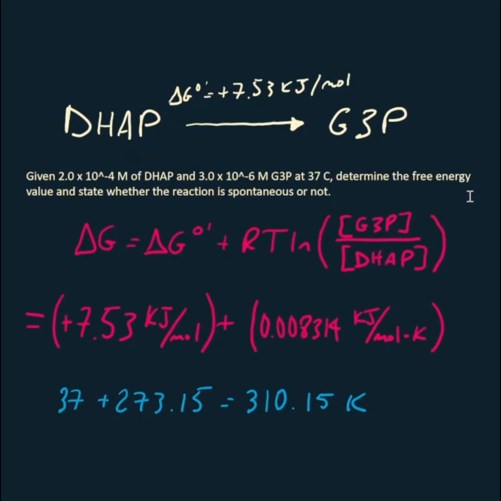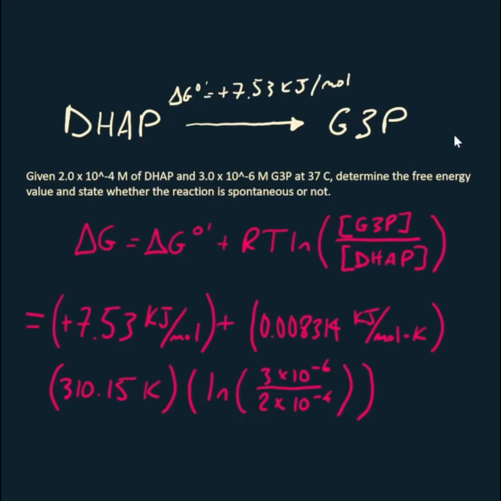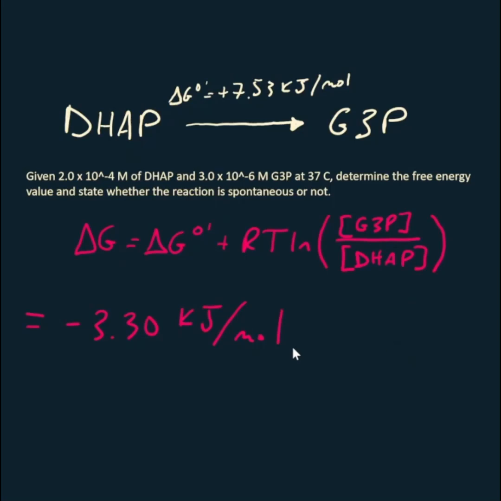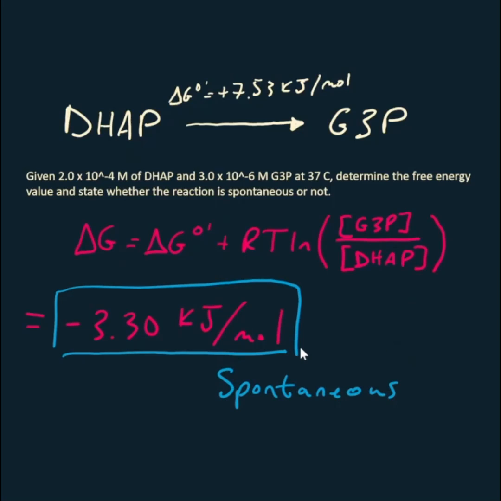Then make sure to convert the Celsius temperature into kelvins, and after that plug in our product and reactant concentrations. When we do this, this is the value that I get over here. And then when we add that to the theoretical Gibbs value, our final answer is going to be negative 3.30 kilojoules per mole. So this is going to be a spontaneous reaction.